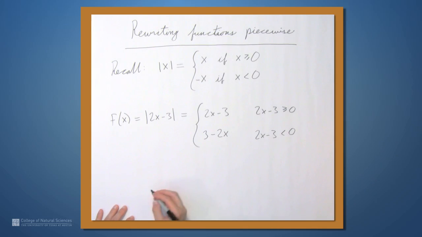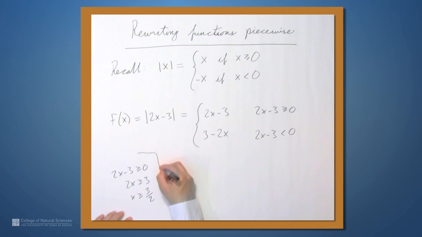So 2x minus 3, if we do a little work, we'll find out what that should be. So 2x minus 3 greater than or equal to 0. So 2x greater than or equal to 3. Divide both sides by 2, we get x greater than or equal to 3 halves. All right, so just a little work on the side here.